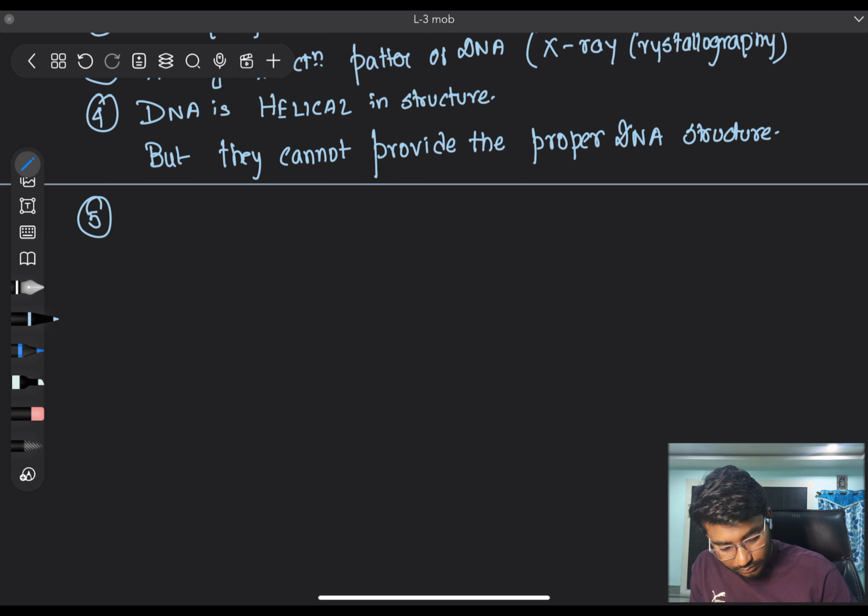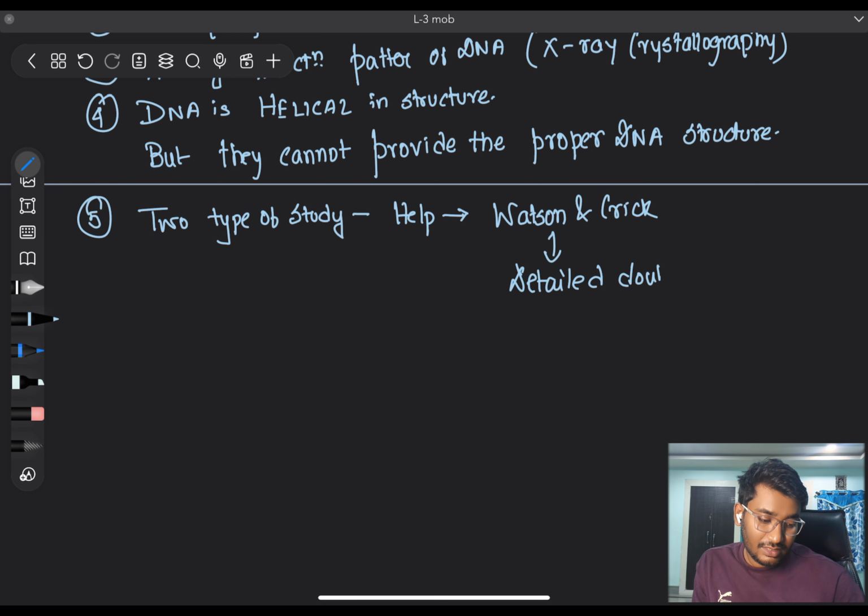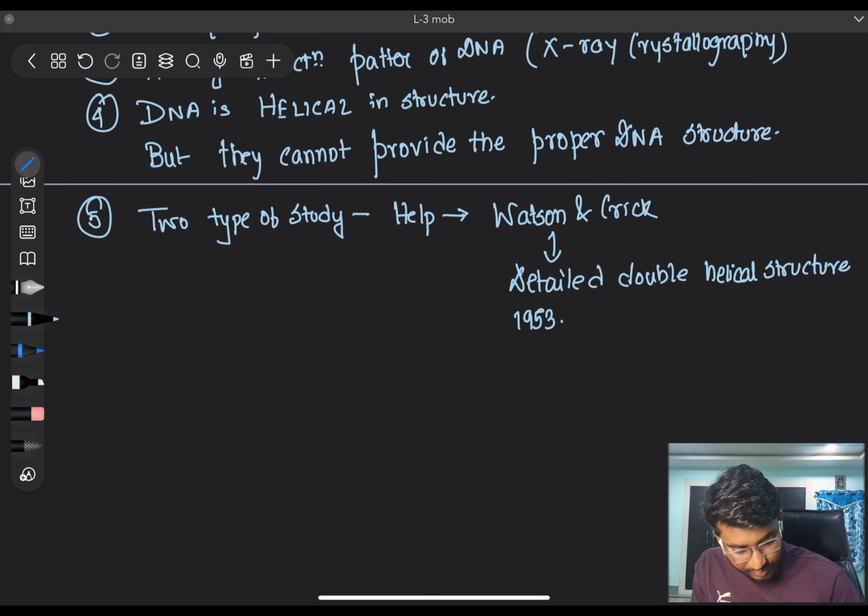Five, two types of study helped Watson and Crick. They gave the detailed structure of DNA. The detailed double helical structure of DNA was given by Watson and Crick in 1953.